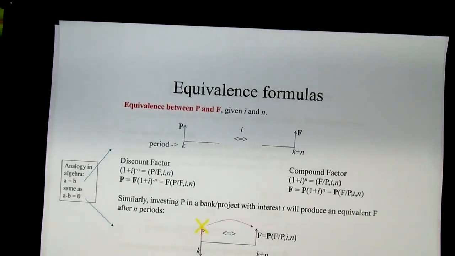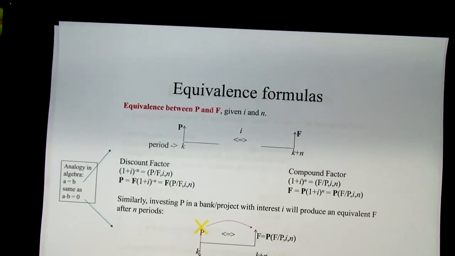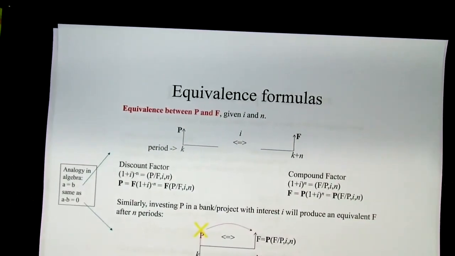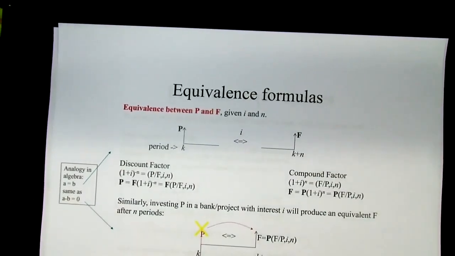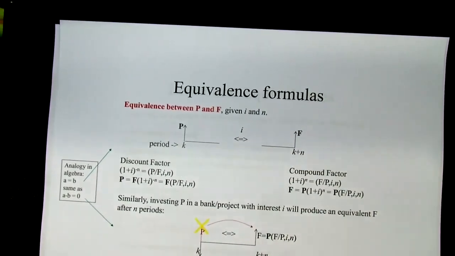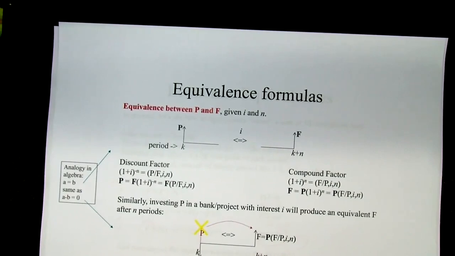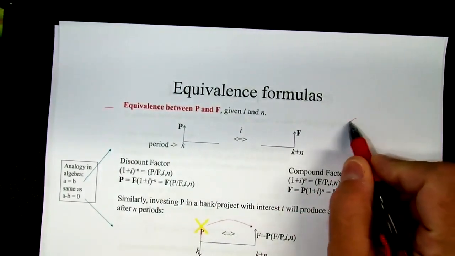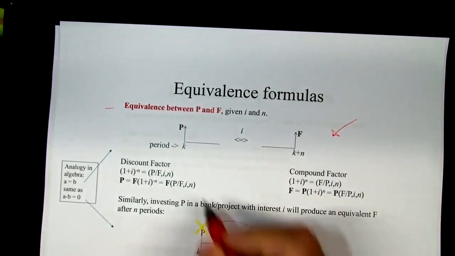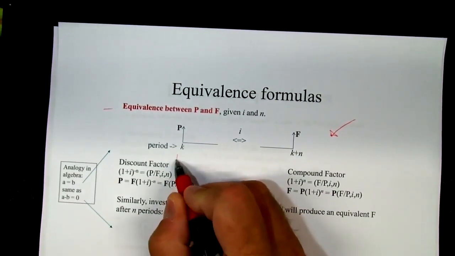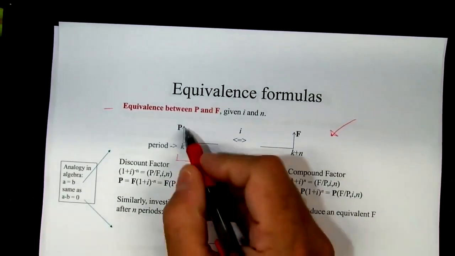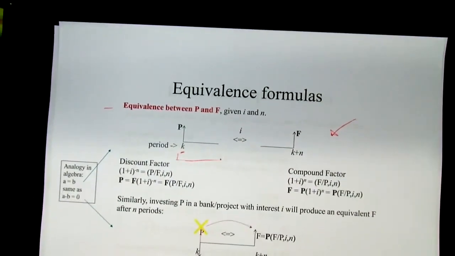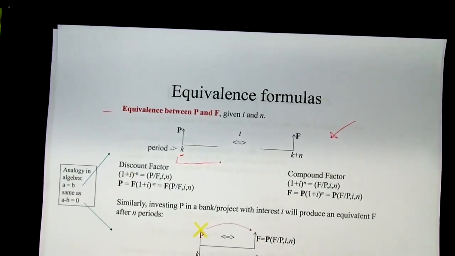Anyway, to reiterate what we just said about the equivalence between a present and a future amount, or any given amount and an amount placed in the future with respect to it, we define once again the equivalence, and it is represented in such a way. This is a simple cash flow with only one transaction at period K, which can be unspecified, can be 0 or anything.